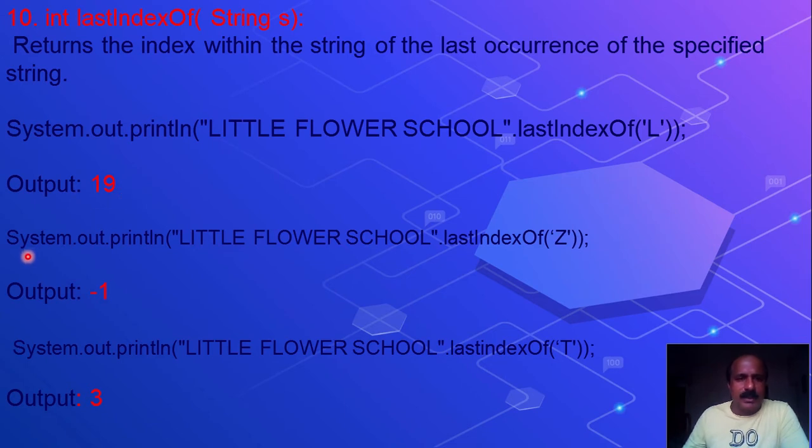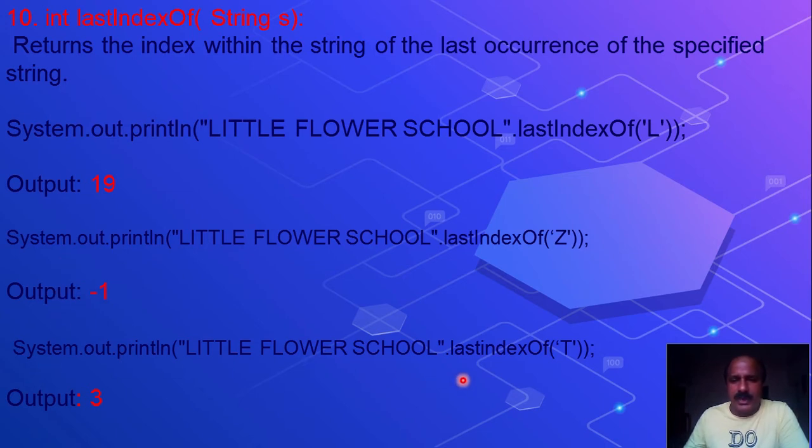Now another example, System.out.println Little Flower School dot lastIndexOf Z. In this string, can you see the letter Z present? No. In that case, as in the previous example, you will get -1. Now see the last example.